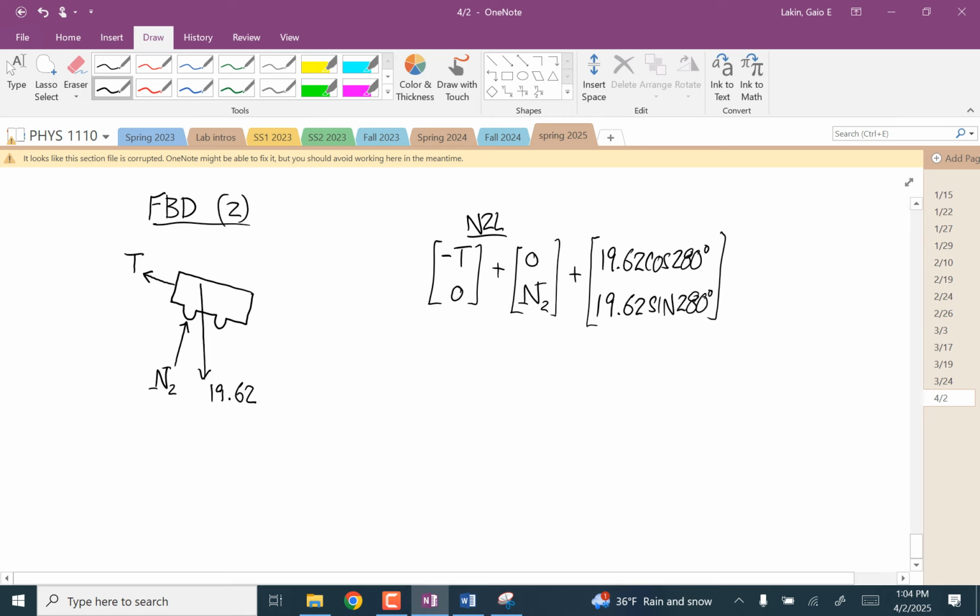And all this is equal to what we would have known from the first step. Well, we have the mass of our body times, we would have already calculated the acceleration as negative 1.30, and then 0.